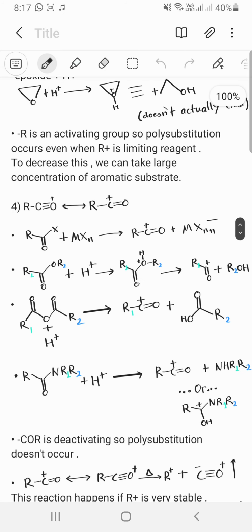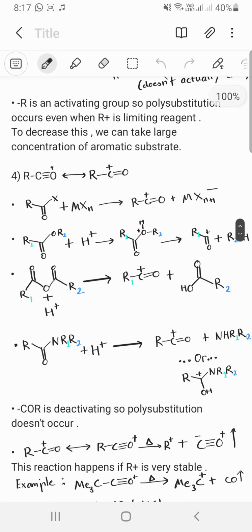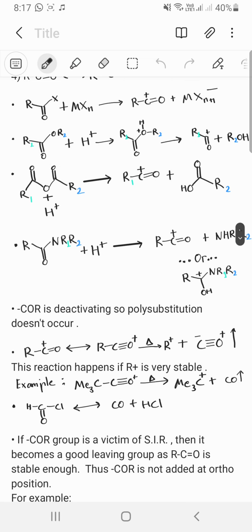Anhydrides can be used. These things can also be used. Isn't that weird? So amides can also be used. But this looks like it's giving two different reactions.